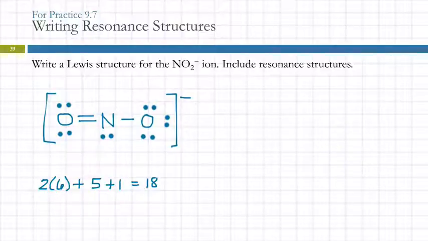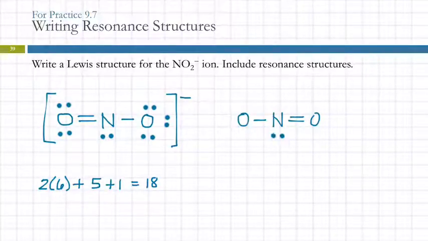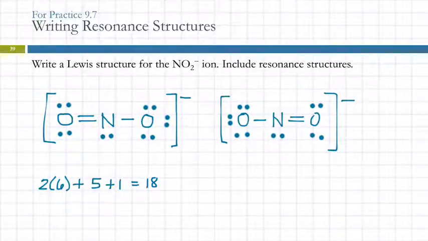Nothing. So nitrogen, oxygen, oxygen. Now we're going to put the double bond on the right and fill in with our dots. And we still need our brackets and our negative sign.